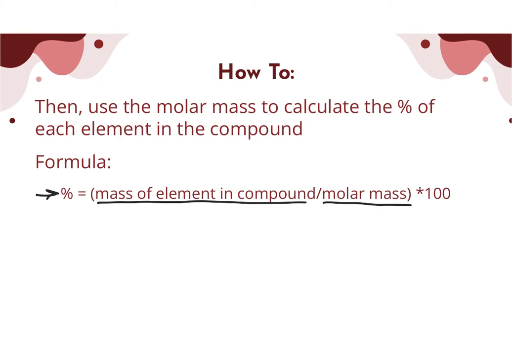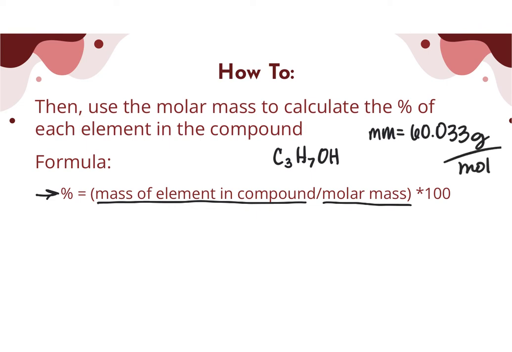So if we look at our previous example that we just did, we had propanol, which was C3H7OH, and its molar mass was equal to 60.033 grams per mole. So if I wanted to find the percent of carbon, since there's 3 of them, that equals 36 grams.